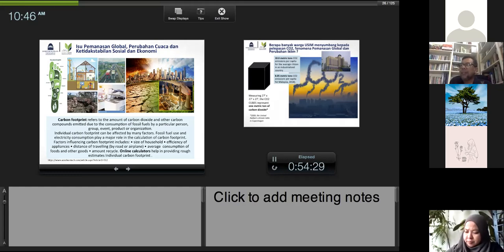As an architect, we should have this in mind, because we are responsible. As I mentioned just now, architects make design decisions. You will need to make maybe the smallest decision to a big decision.